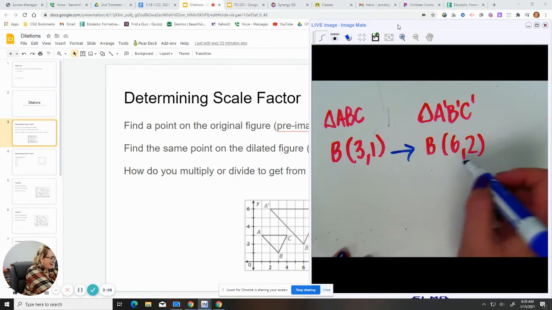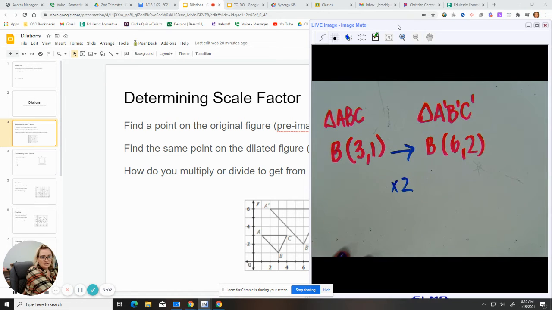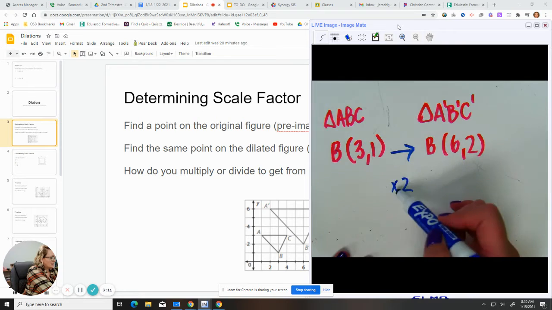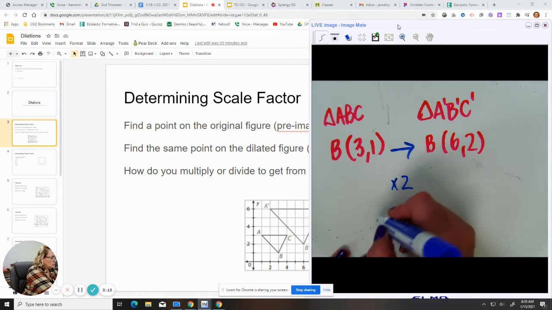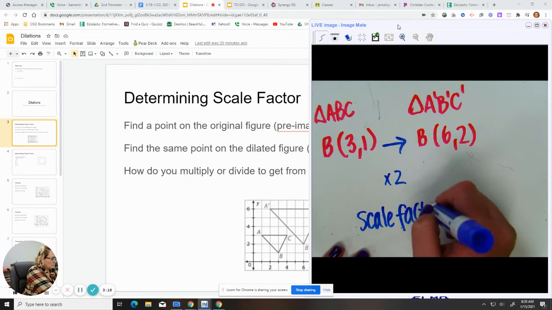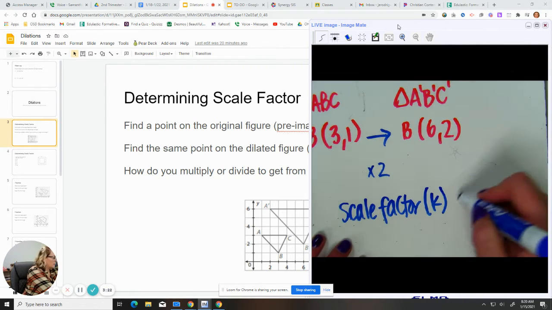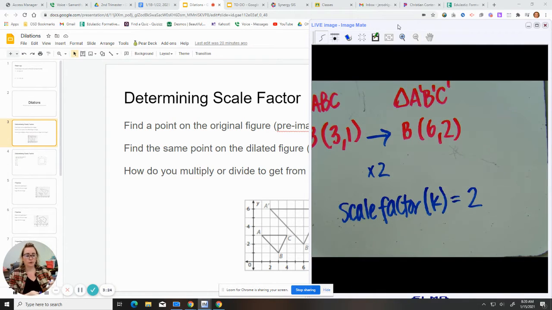Well, 3 times 2 is 6. How do they get from 1 to 2? 1 times 2 is 2, which means my scale factor, or K, if you remember we used K as our variable for that, is equal to 2. Okay, scale factor is equal to 2.